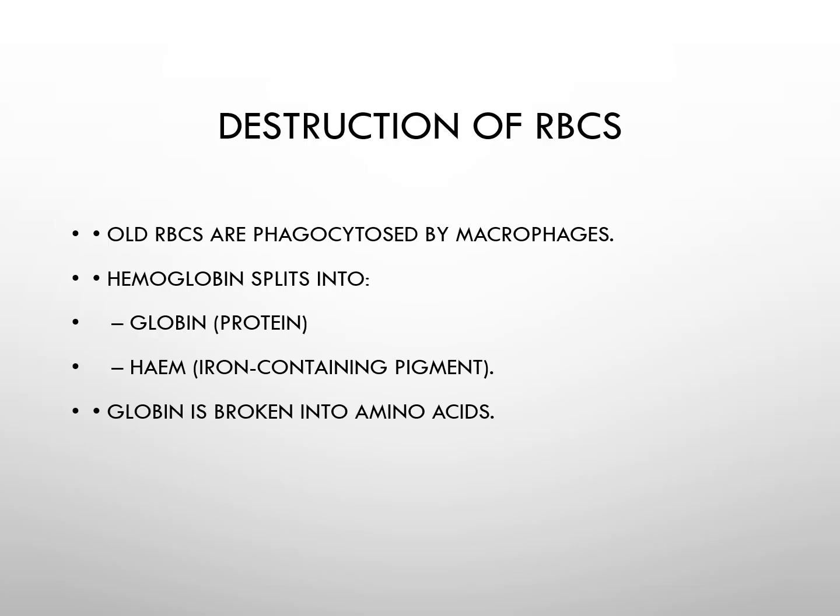After they have been destroyed, they are removed from the circulation and their components, primarily iron, are recycled. The hemoglobin will split into two: globin, which is a protein, and heme, the iron-containing pigment. Globin is broken into amino acids.